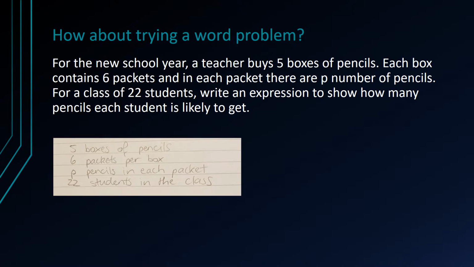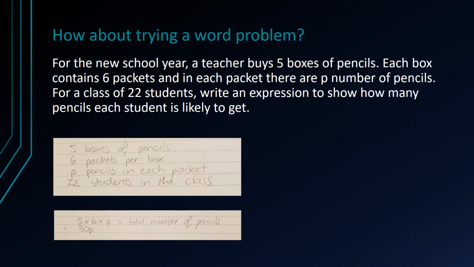Alright, so sometimes the easiest way to attack these kinds of problems is to write down what you know. So you know you've got 5 boxes of pencils, and there are 6 packets in each box. And p is the number of pencils in each packet. And then you've got 22 students in the class.